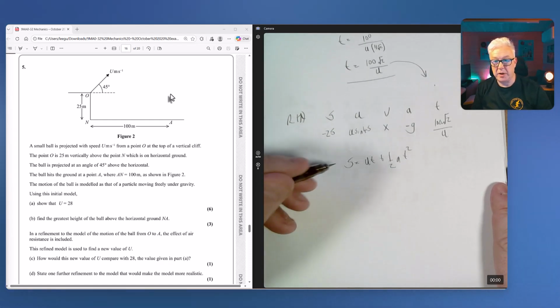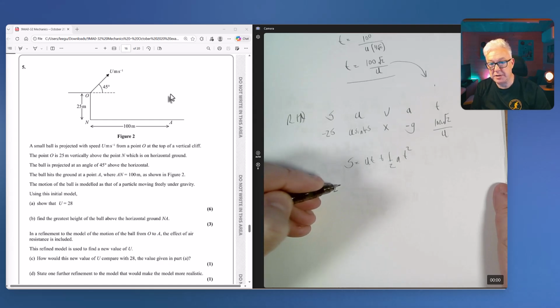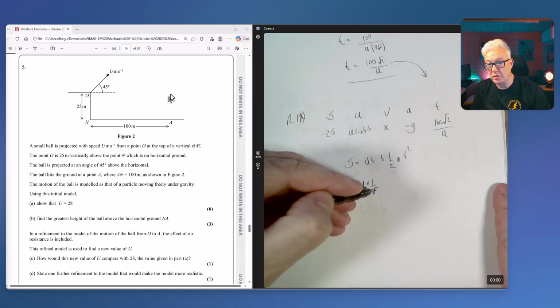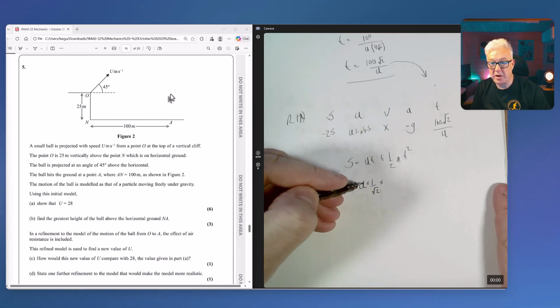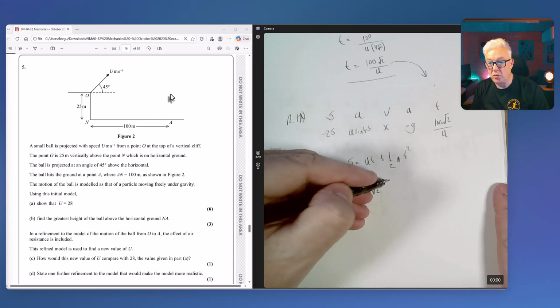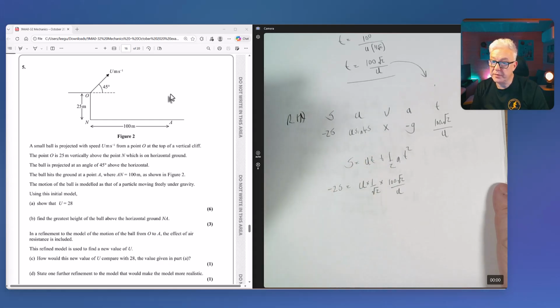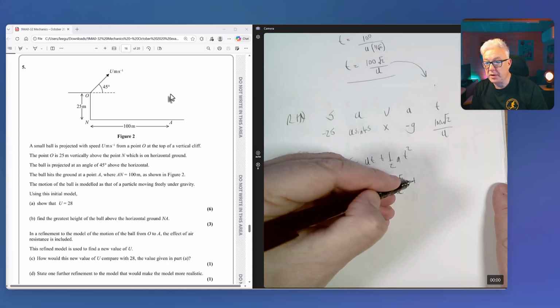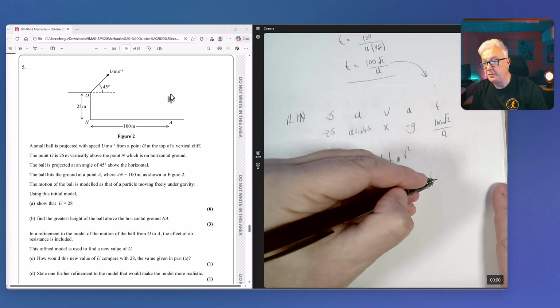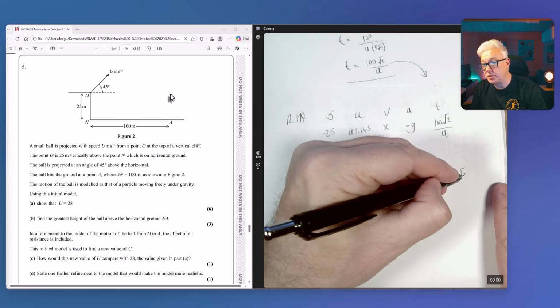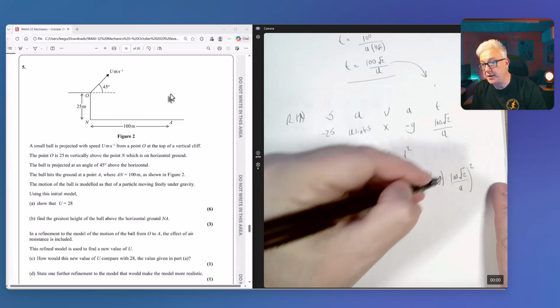Now let's substitute in. That gives us minus 25 is equal to u times 1 over root 2 times t, which is 100 root 2 over u. That looks absolutely fine, plus a half times minus g times t squared, which is 100 root 2 over u all squared.